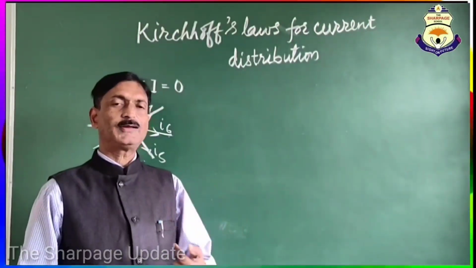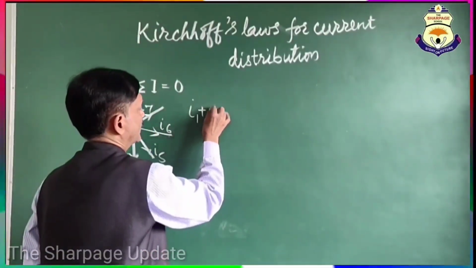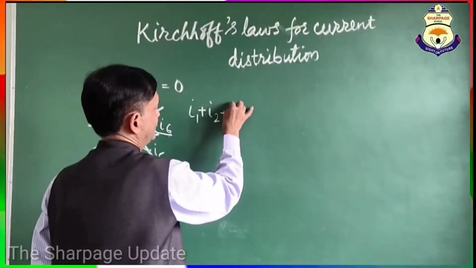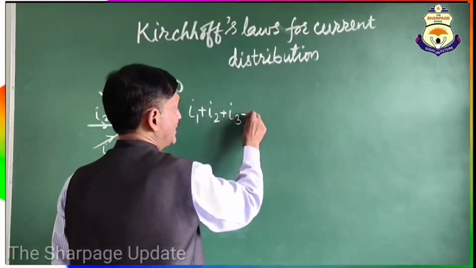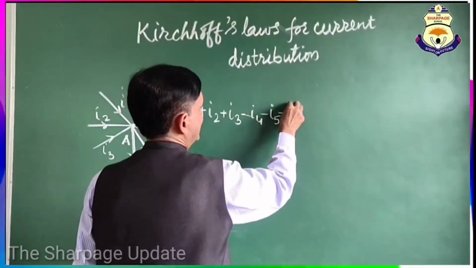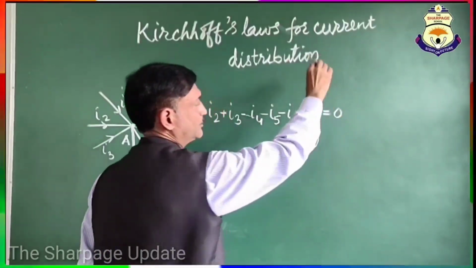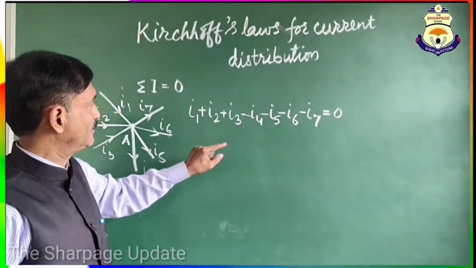So in mathematical language, we can write I1 plus I2 plus I3 minus I4 minus I5 minus I6 minus I7 equals 0.